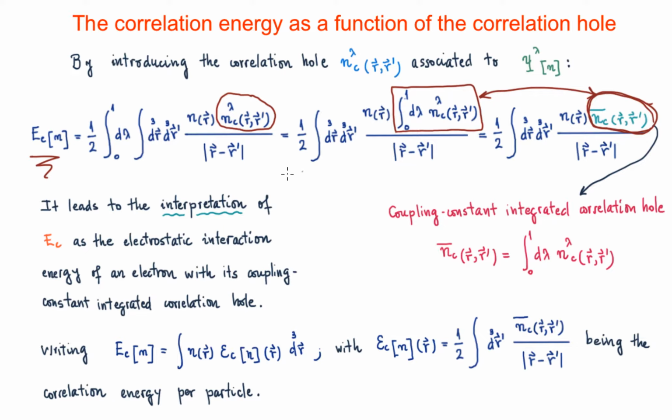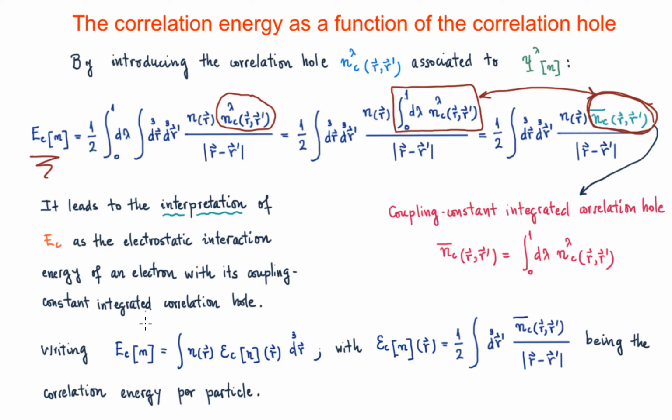According to that, it leads to the interpretation of the correlation energy functional as the electrostatic interaction energy of an electron with its coupling constant integrated correlation hole. So if we want to make an approximation for the correlation energy functional, we need to have a good approximation for that coupling constant integrated correlation hole.